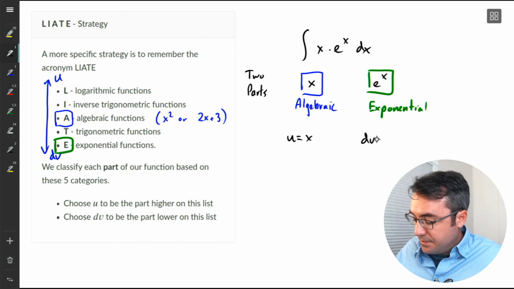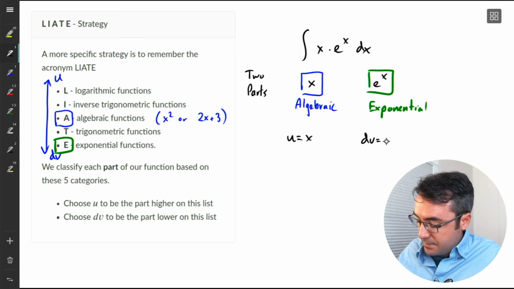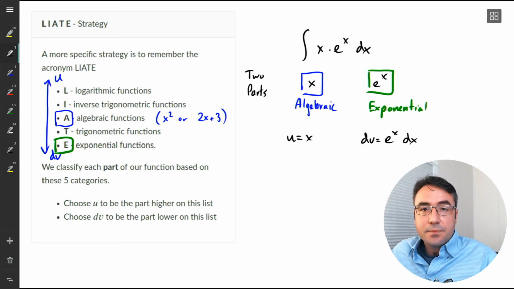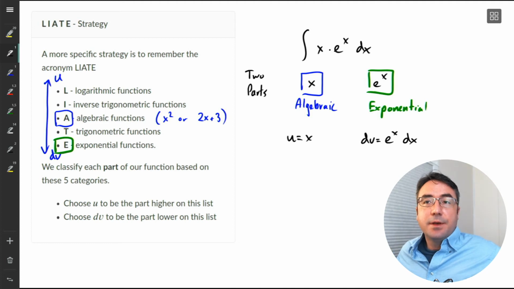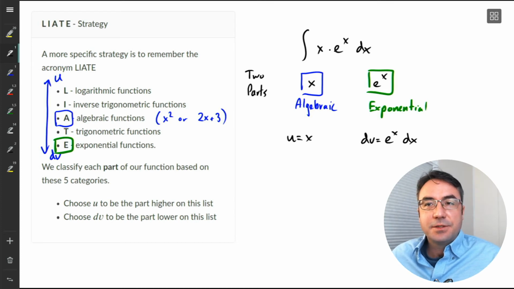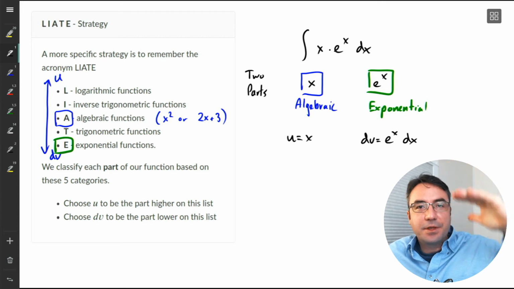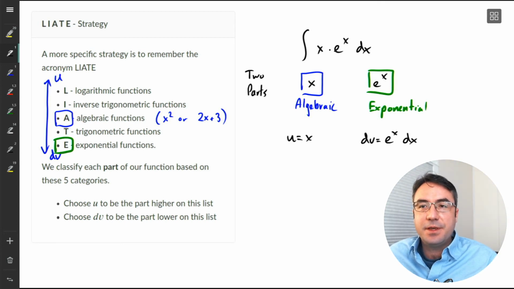And same thing, dv then is going to be the e to the x because it's lower on the list. And so that's how we can use this strategy. We remember the acronym, and the things higher up are what we choose for u. The things lower down are what we choose for dv.